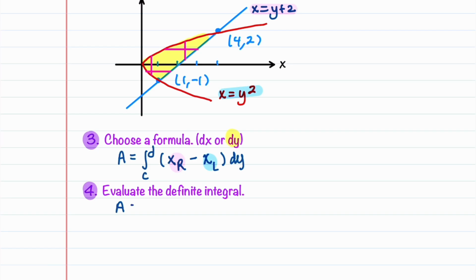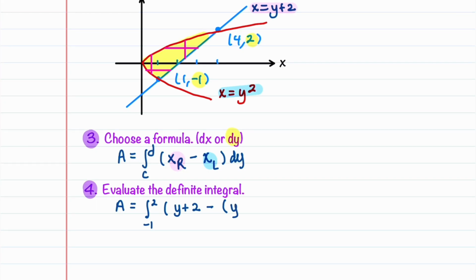Our area is the integral from the y value of our intersection point, which is -1, to 2, of our curve on the right, which is y plus 2, minus our curve on the left, which is y squared, and we have dy. Let's go ahead and simplify this. This is the integral from -1 to 2 of y plus 2 minus y squared, dy.